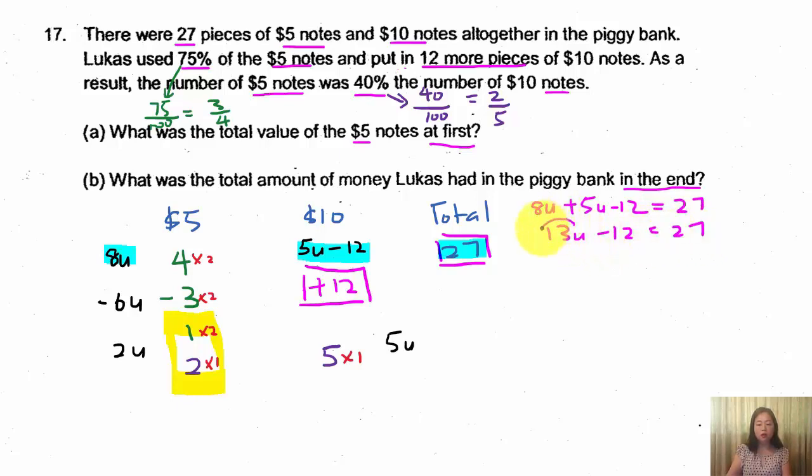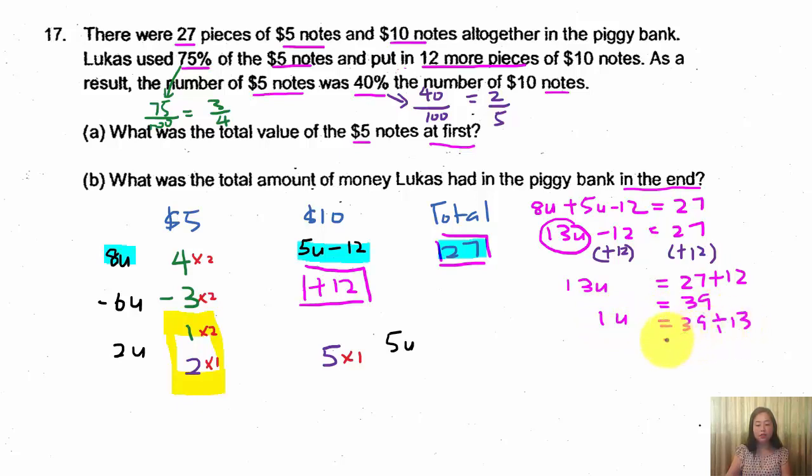We want the unit to be on the left side, so we don't want this number here. And to get rid of this number, we just have to do the opposite, which is plus 12 on both sides. So it will become 13 unit is equal to 27 plus 12, and we will have 39, and therefore 1 unit is actually equal to 39 divided by 13, and the answer is actually 3.